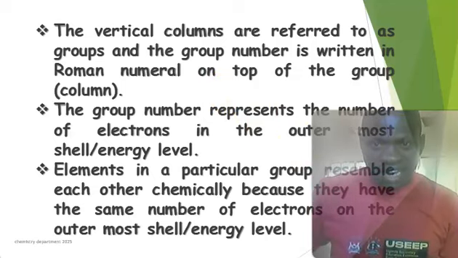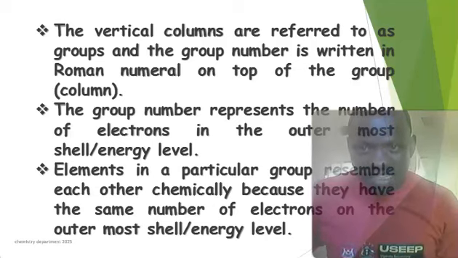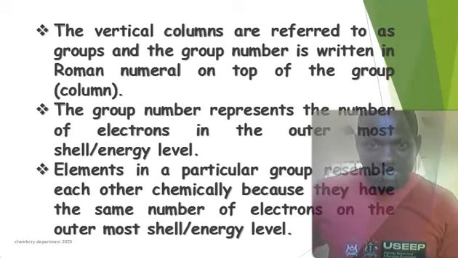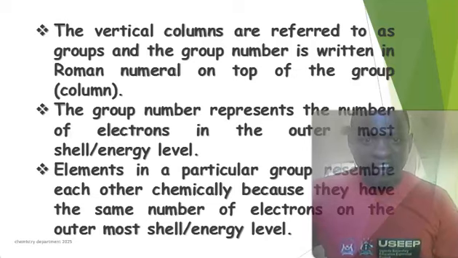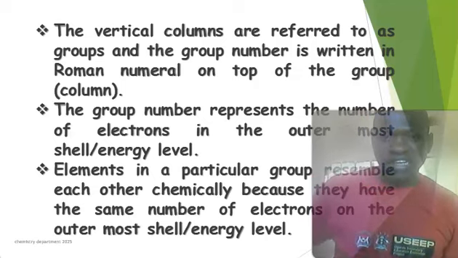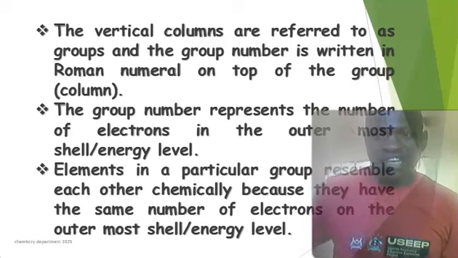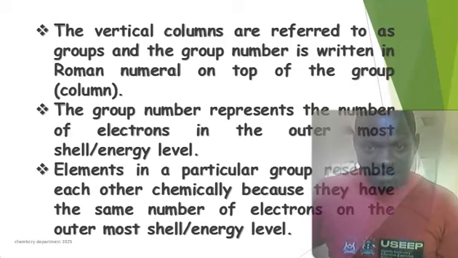The number represents the number of electrons in the outermost shell or energy level. As we shall draw this atomic structure, we shall see that there are electrons on the outermost energy levels, and they give rise to the group of the atom.